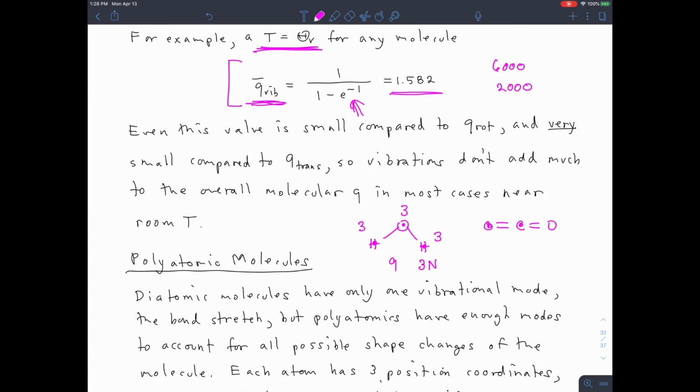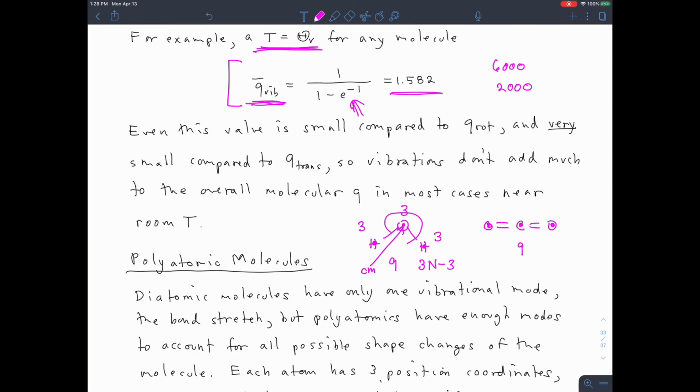And n is equal to 3 here, and n is also equal to 3 for CO2. We're going to use 3 of those coordinates to specify the location of the center of mass. So that's 3n minus 3 remaining coordinates.